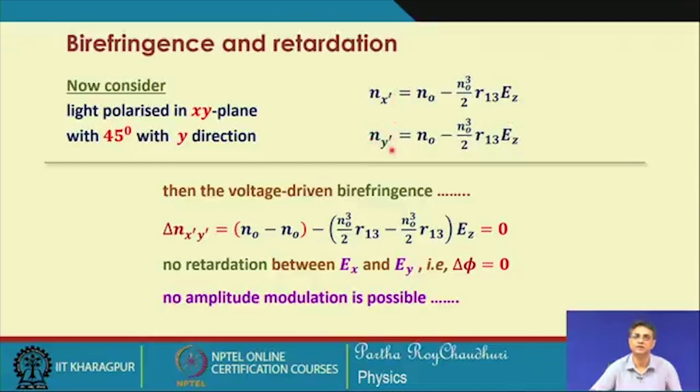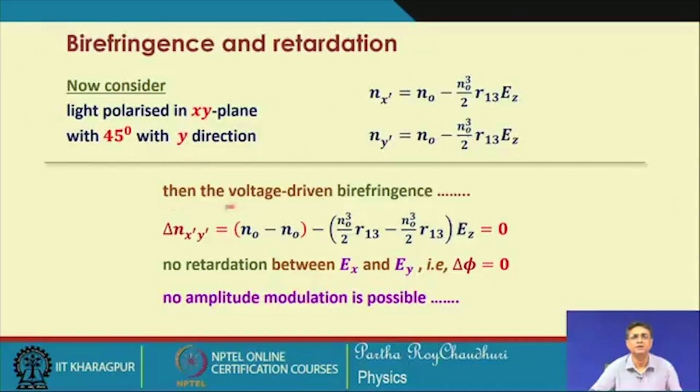So, these are actually the x and y directions. In these two directions, the change in the refractive index is by the same amount. Therefore, whatever the polarization might be, the refractive index change is the same. In the xy plane, whatever the polarization might be, the refractive index seen by that polarization is the same, irrespective of its angle with x or y.